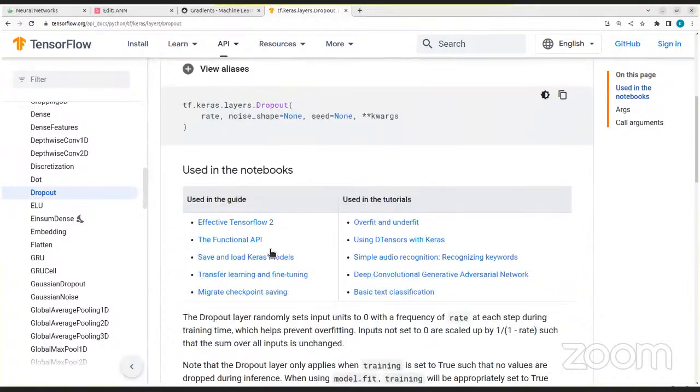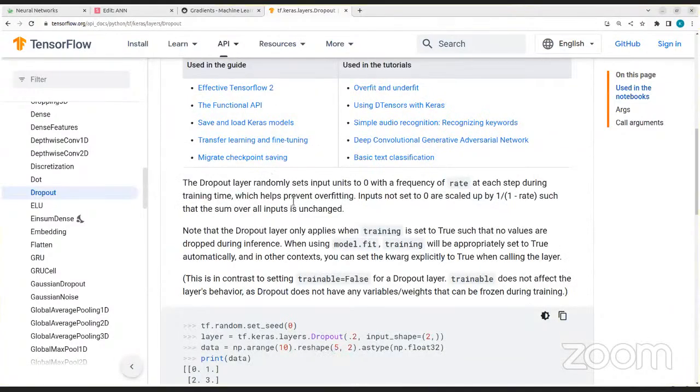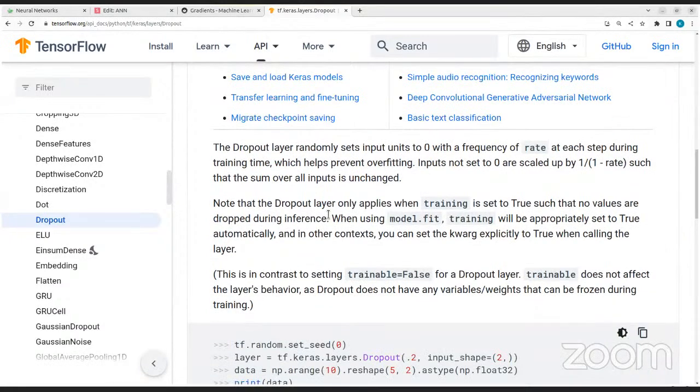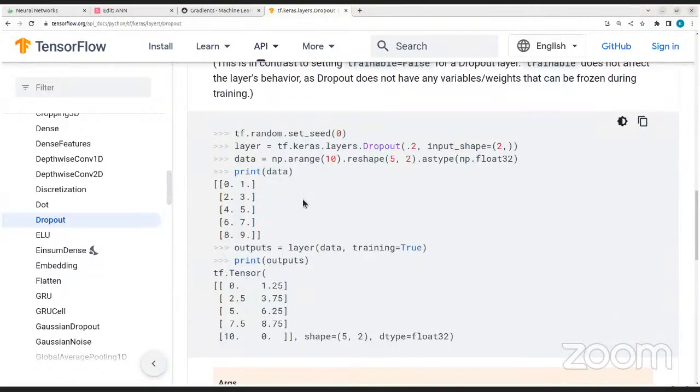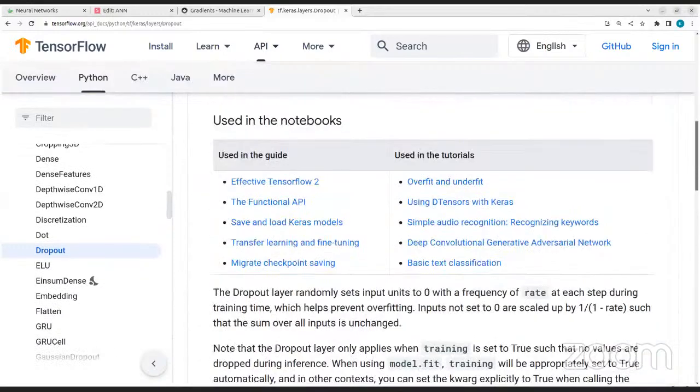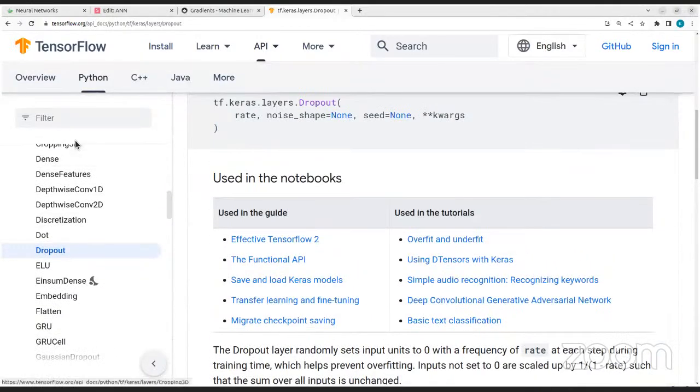For example, the dropout layer randomly sets inputs to 0, and it scales those which are not set to 0 in a slightly different way. It's not too hard to understand if you check out these resources. Anyway, you'll be studying them in more detail in the next course.